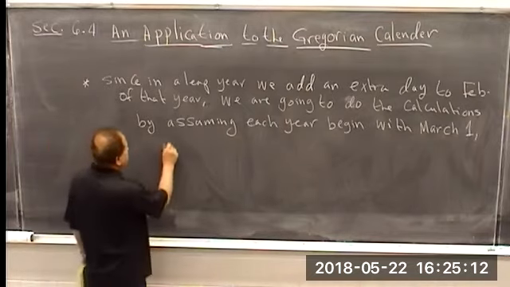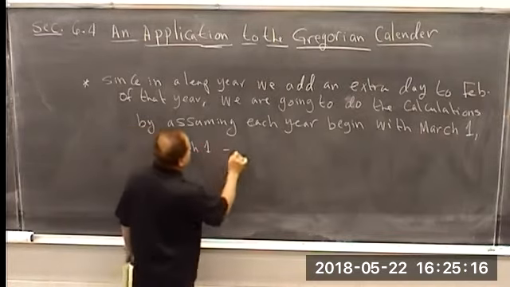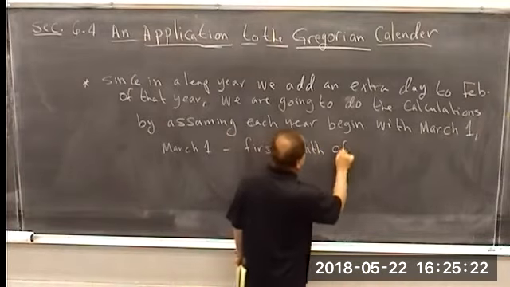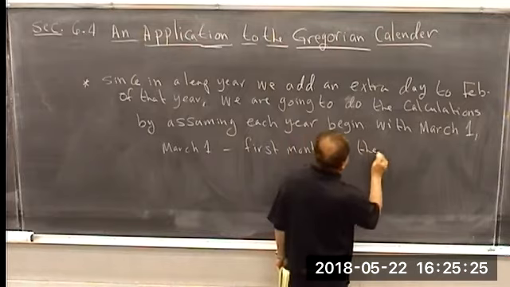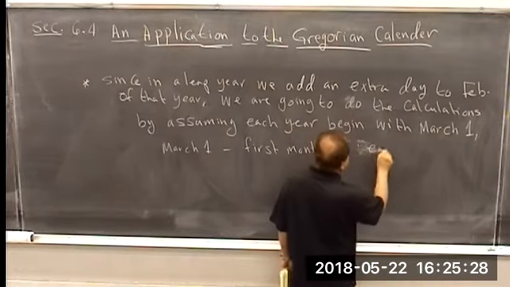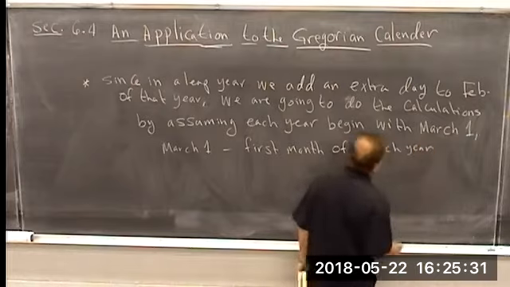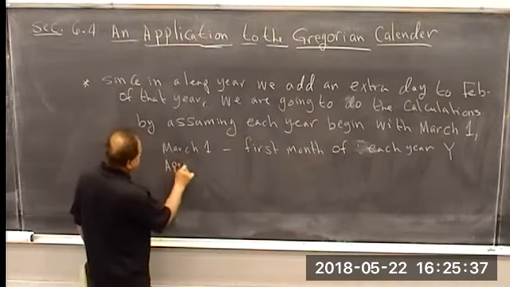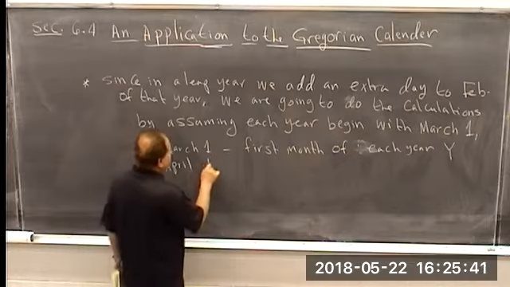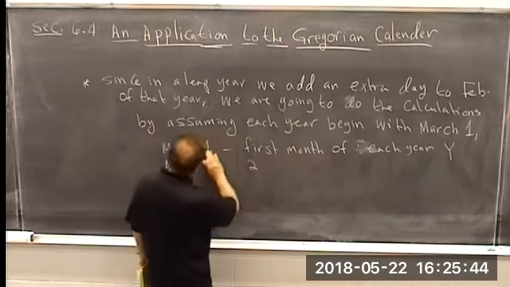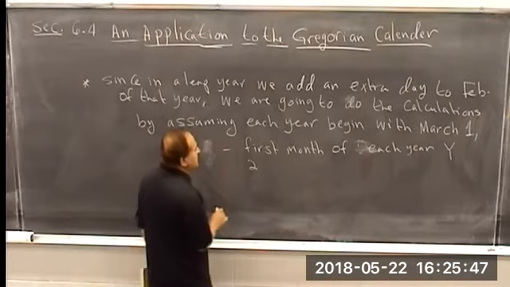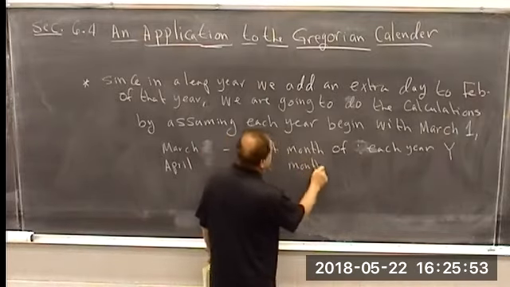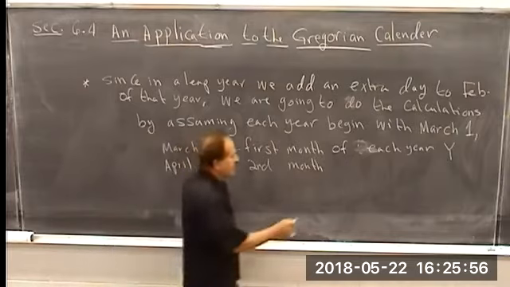So March will be the first month of each year, which we call Y. Then April is going to be the second month of the year Y.